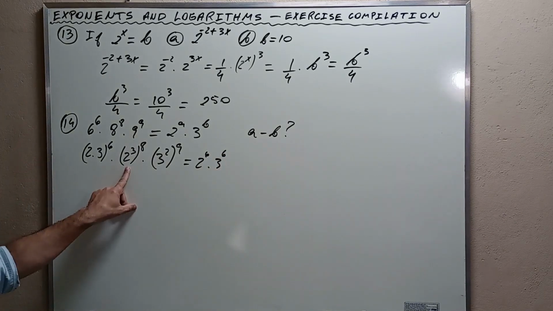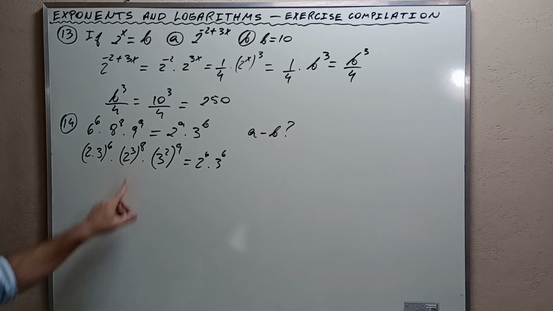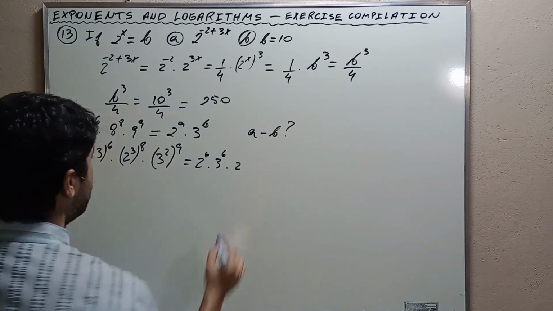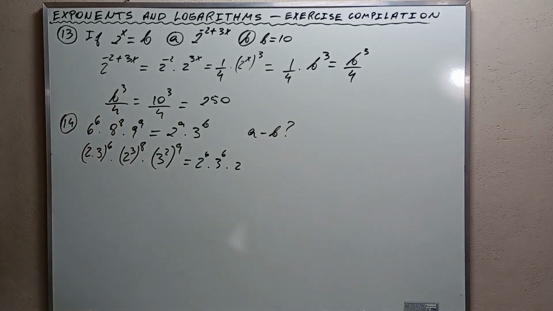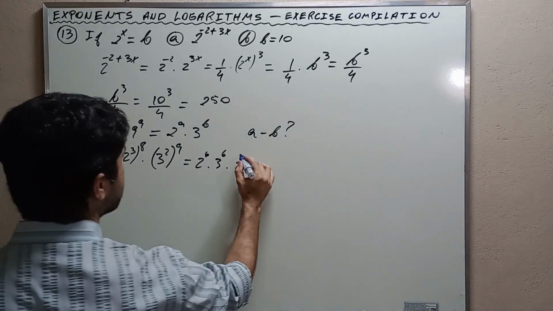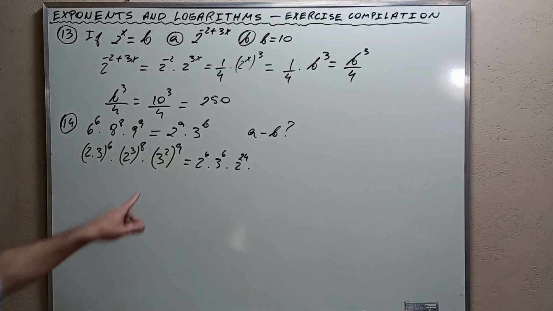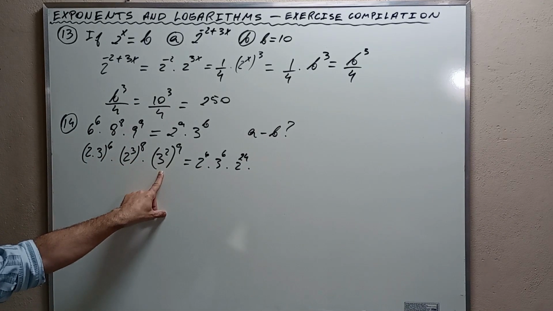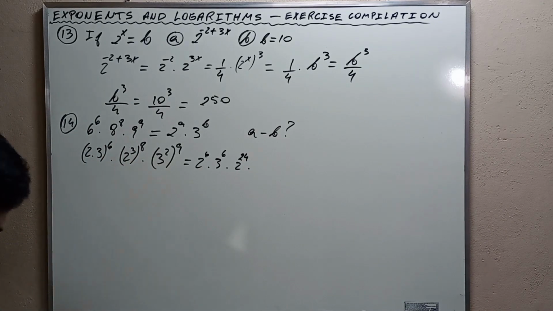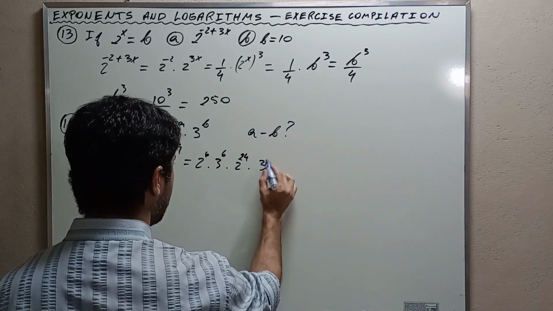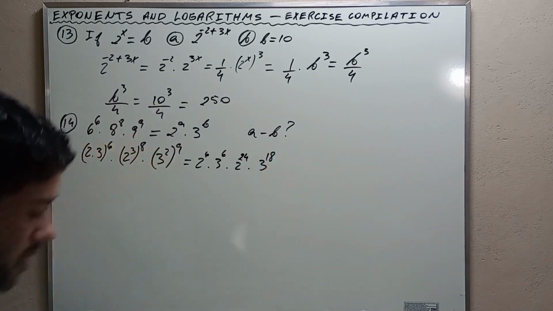And how about this? What can we do here? Observe that it is multiplication, 3 times 8 is 24. And how about here? 2 times 9 is 18. 2 raised to the power of 3 raised to the power of 18.